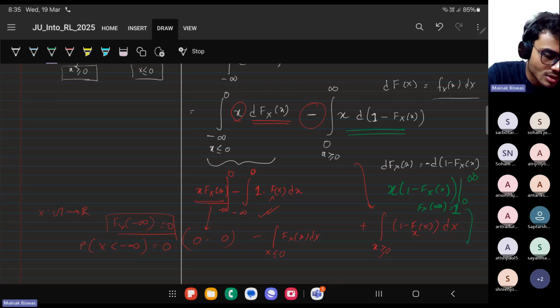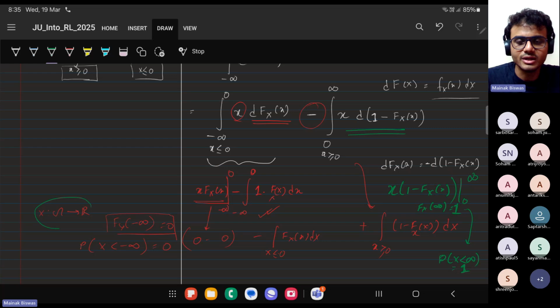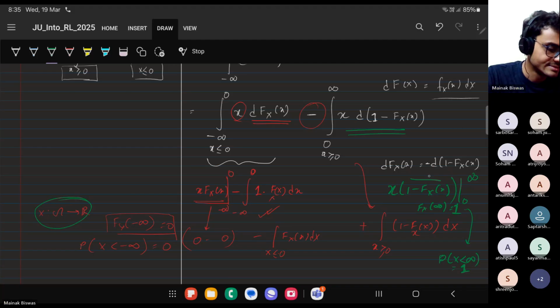Right? The probability that X is less than infinity has to be 1, by definition. Any random variable is a mapping from the sample space to the real number line, so it has to be less than infinity. So that is equal to 1. So at infinity, this term again becomes 0. That's the reason we took 1 minus. Is the manipulation clear?